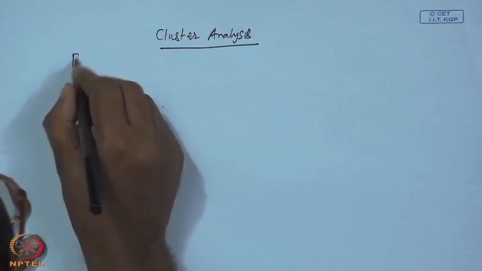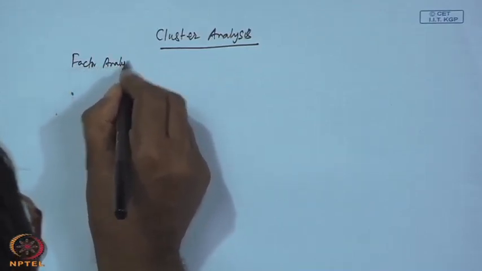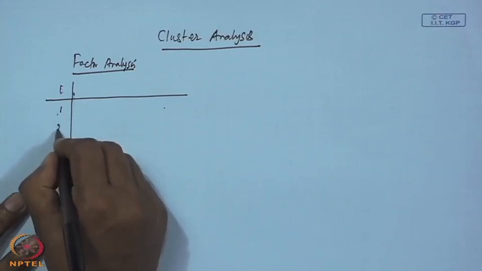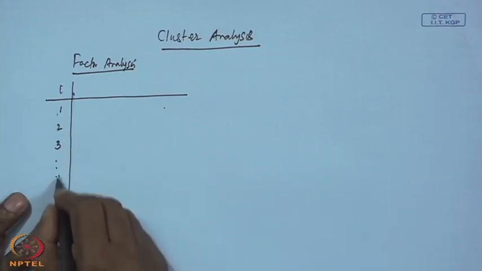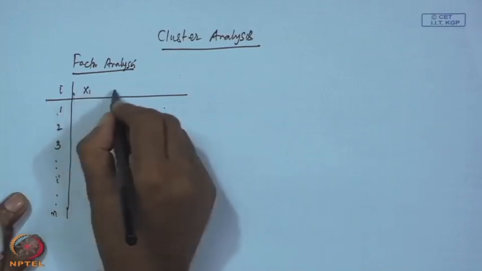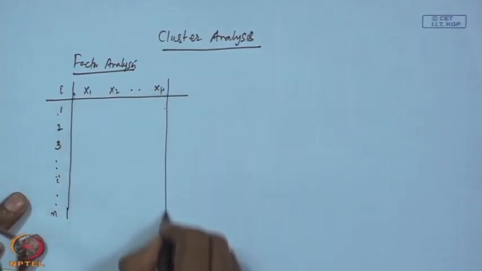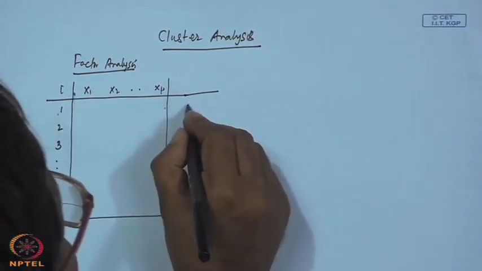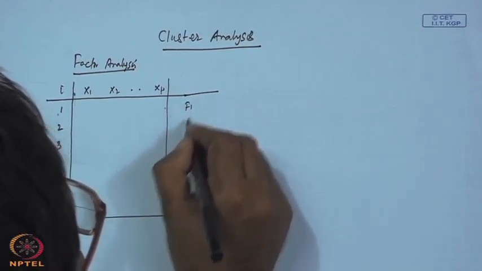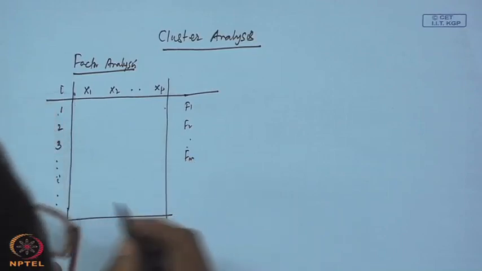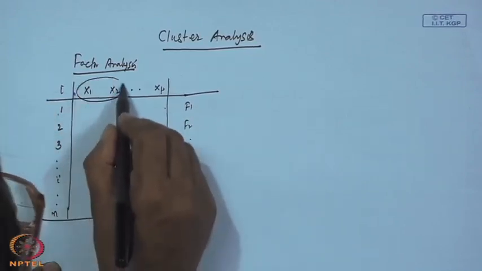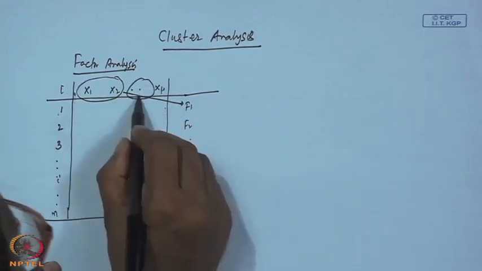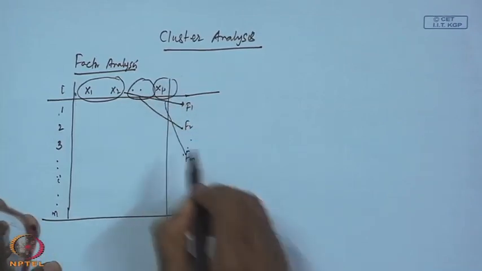So, if you recall factor analysis, there you have found out that there are n number of observations and p number of manifest variables, and you created certain factors, for example f1, f2 up to fm, and you try to link some of the variables to factor 1, some other variables to factor 2, some rest variables to factor m, like this.